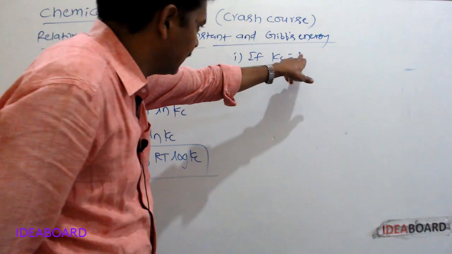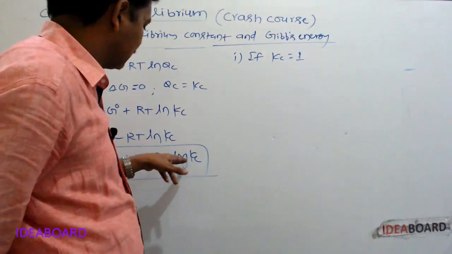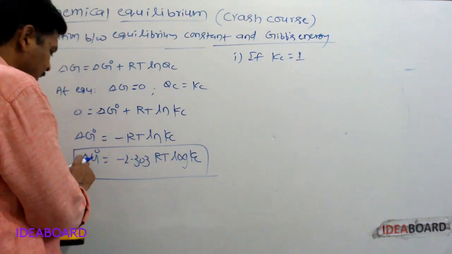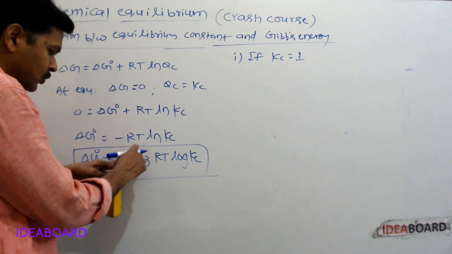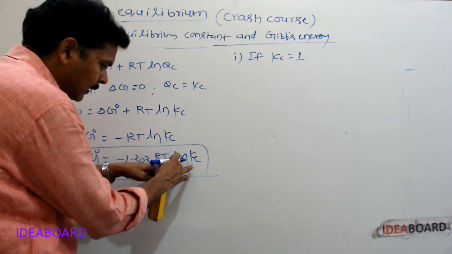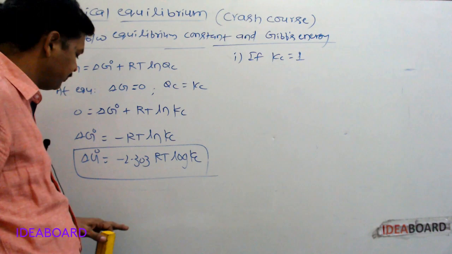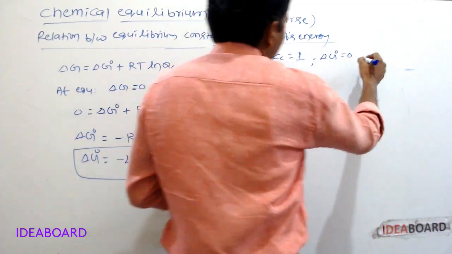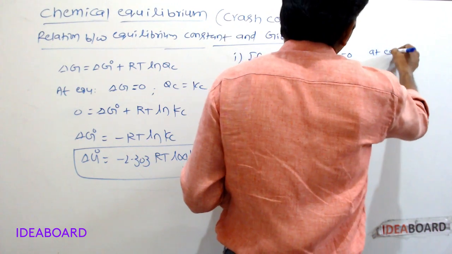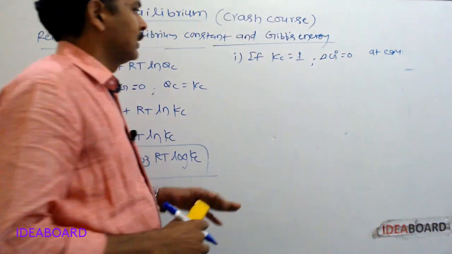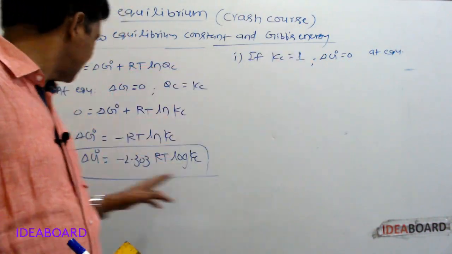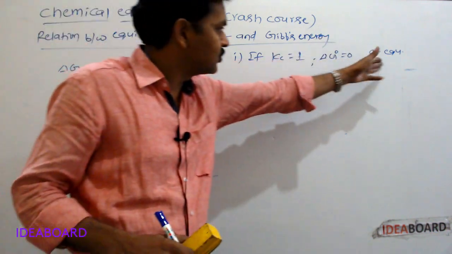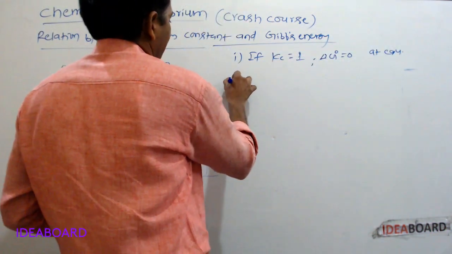If Kc is 1, then delta G naught is equal to minus 2.303 RT log 1. Log 1 value is 0, so delta G naught is 0. Then the reaction is at equilibrium. Kc equal to 1 means delta G naught becomes 0, and the reaction is at equilibrium.